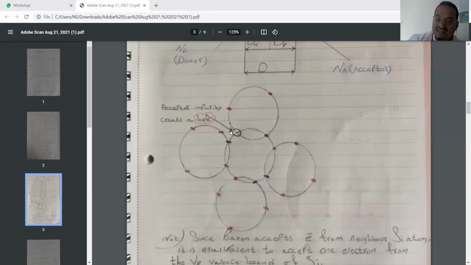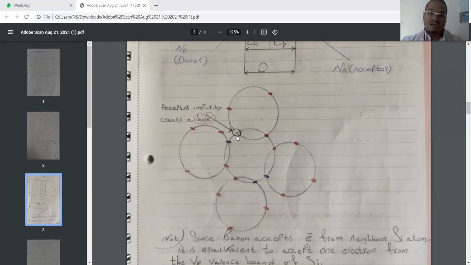This black square shows us the hole. What does that mean? That means here the electron is taken from another silicon atom, and because of that it stays empty.